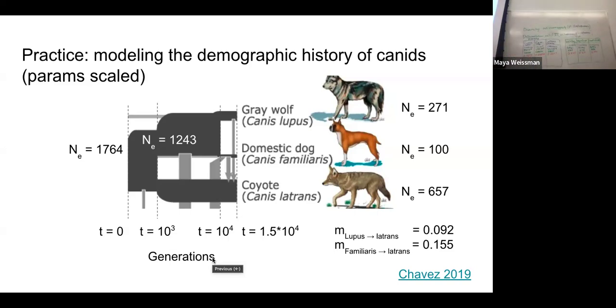Coyotes, gray wolves and dogs share a common ancestor, but we cannot tell which one is more closely related to coyotes based on the tree. Based on this, we might say the wolves seem to be more closely related, but that's due to founder effect and not necessarily reflecting phylogenetic relationships. If you were to zoom out, that's not what you find. All right.